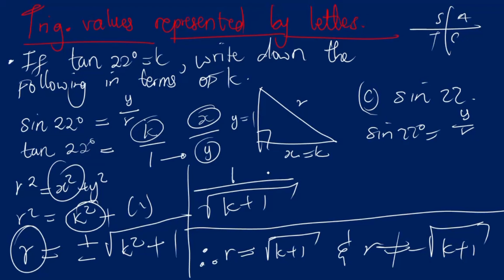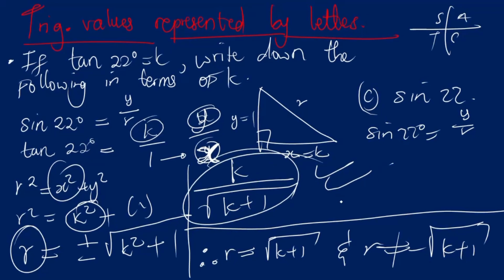I have no complaints there. Wait, our y is k. Look at that. Because the tangent is equal to y over x, so our y is k. So this is equal to k over the square root of k squared plus 1. That's the final answer right there. Mistake on the final answer. Not a bad way to get out.